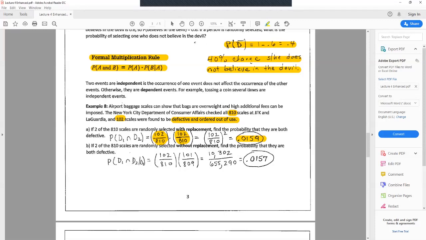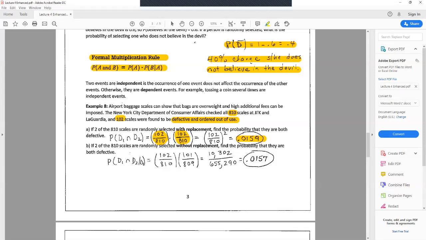But what if you are going to randomly choose 2 scales, but you are not going to put the first one back in? It almost makes sense not to put the first one back in, because it's of no value anyway. This, to me, is the more realistic situation. You randomly choose a scale that's defective, you keep it out, and then you draw another scale.